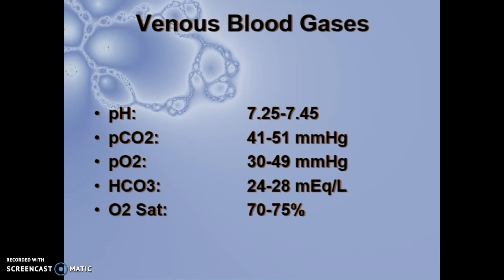There is an interpretation that goes along with these numbers that we will do in class. The norms are slightly different from an adult. These are the ones we'll be going off of. And again, remember, this O2 sat is so low because it's a venous sample, okay?